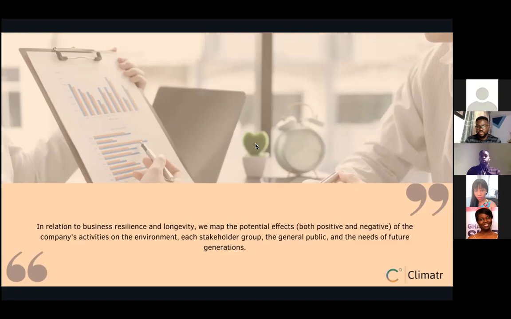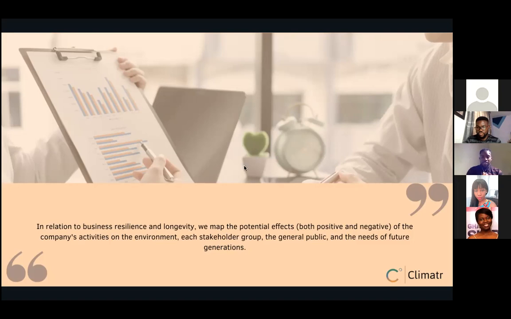Typically, how we work is we take what we've gotten from the stakeholder analysis, keep that on the side, and conduct our materiality assessments, which helps us to consider critically across three different categories: the environmental side of things, the social side of things, and the governance side of things.